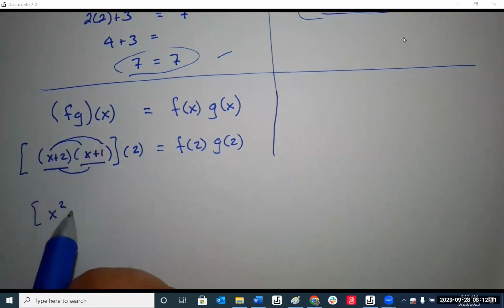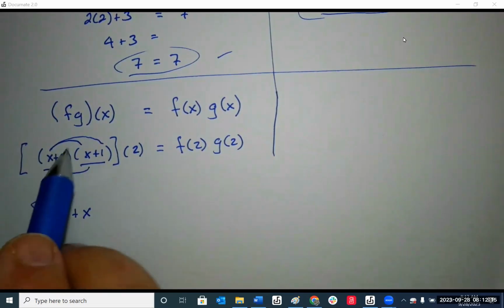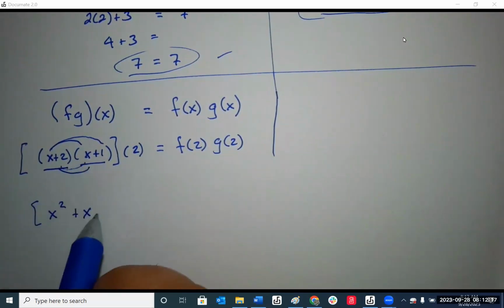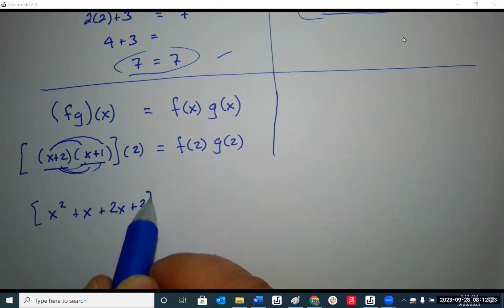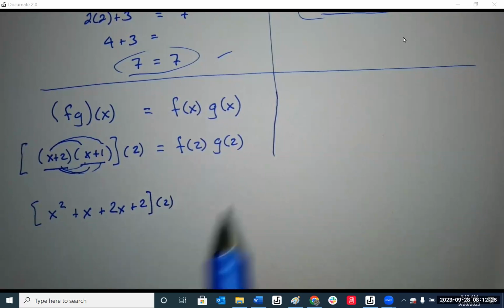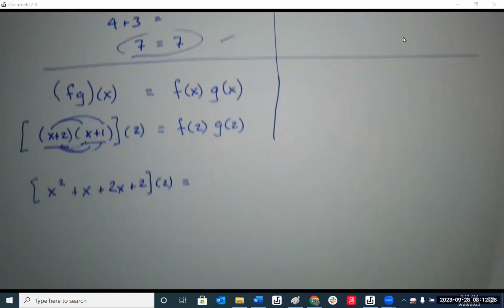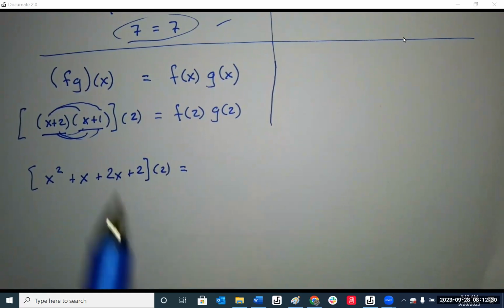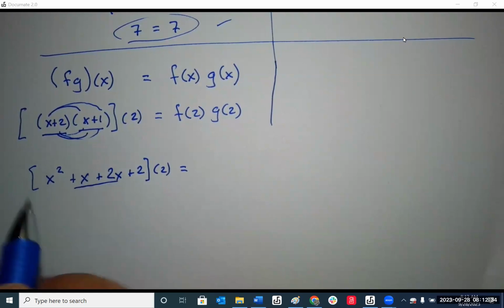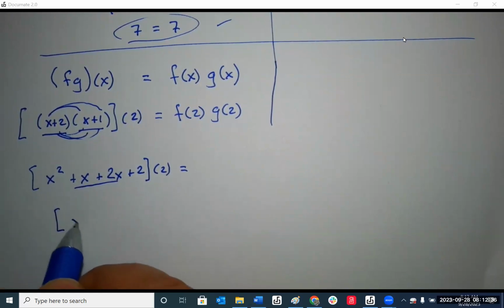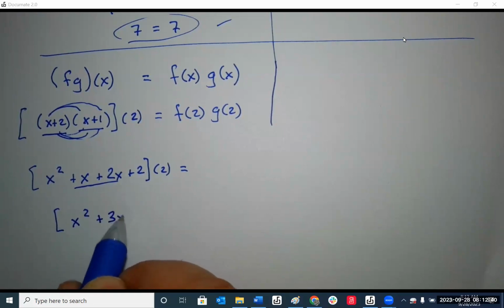X times 1 is positive x. 2 times x is 2x. And then 2 times 1 is 2. Whenever you get rid of parentheses, the first step is always to combine like terms. x plus 2x is 3x.